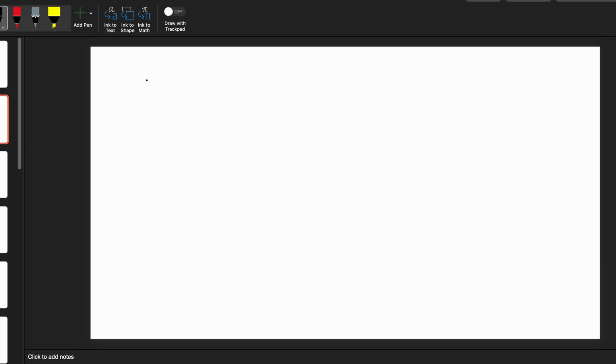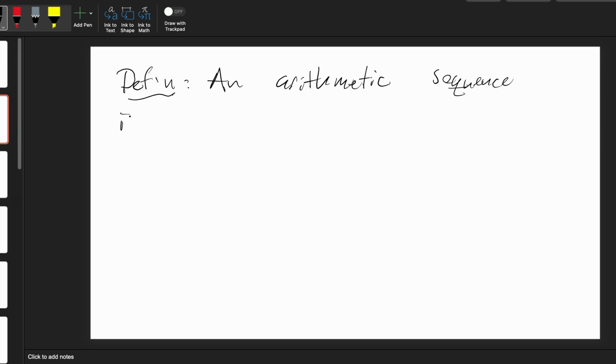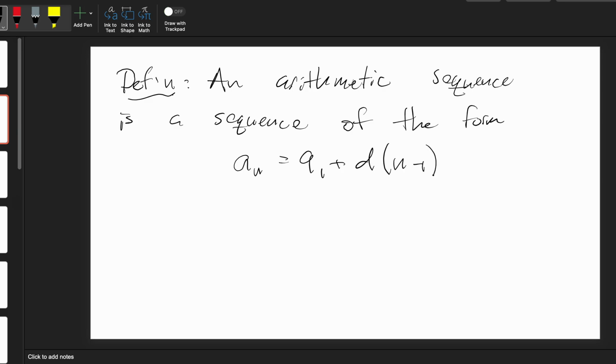Let me give you some definitions. So definition, an arithmetic sequence is a sequence of the form a sub n equals a sub 1 plus d times n minus 1, where a sub n is the nth term.